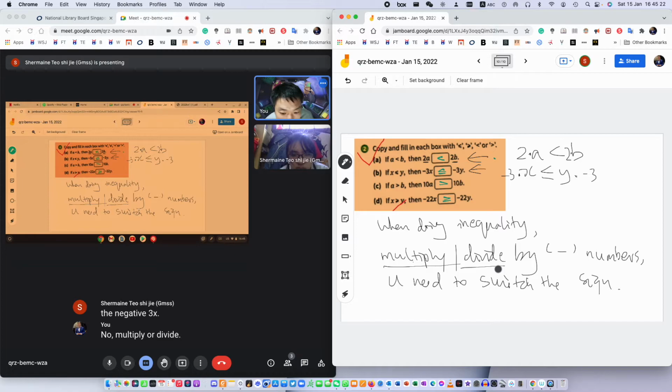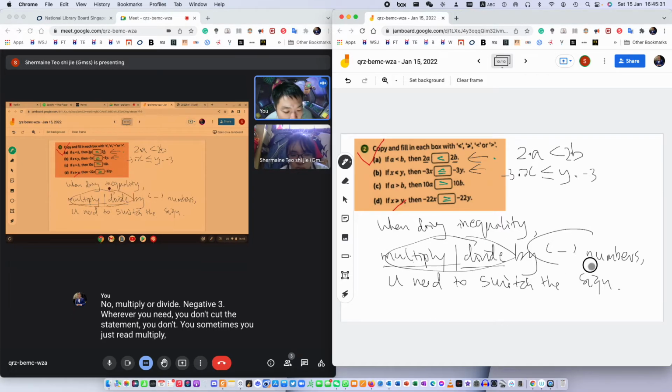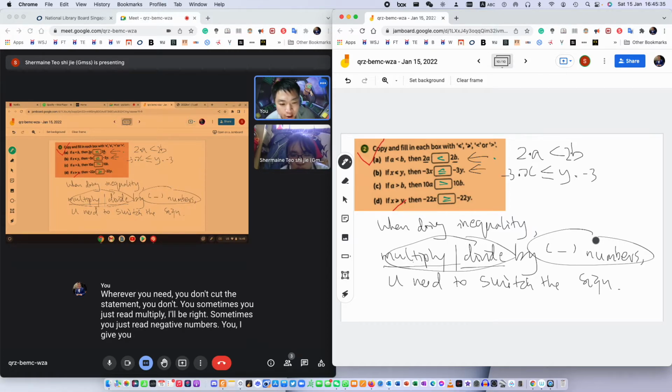Negative 3. Wait, you don't cut the statement. Sometimes you just read multiply or divide, sometimes you just read negative numbers. I give you the entire statement and you randomly cut. What is the entire statement? Multiply or divide by negative numbers.